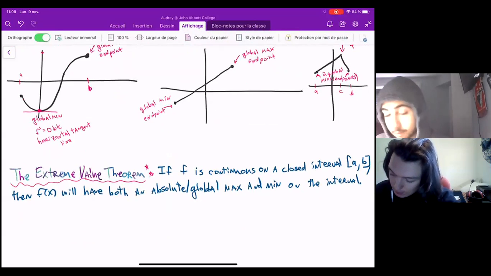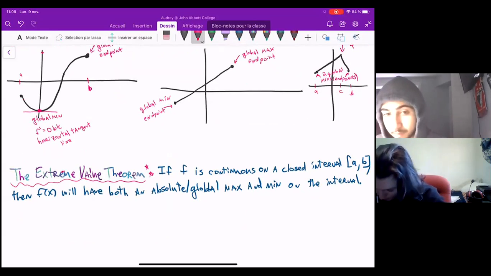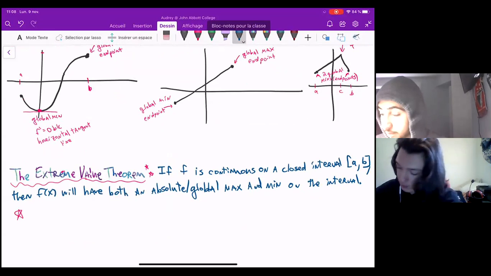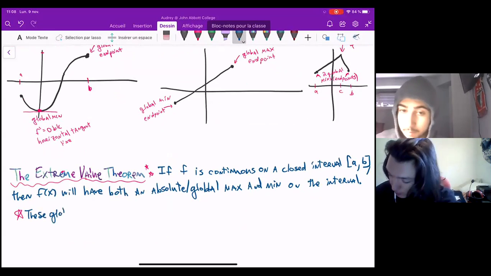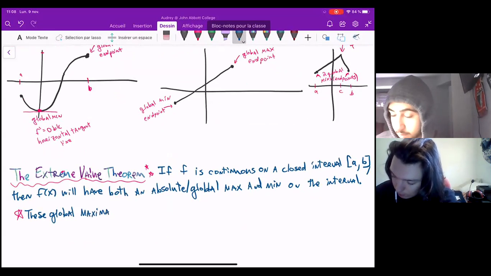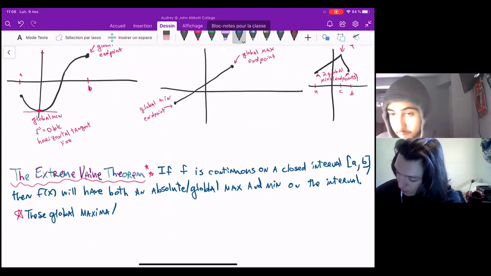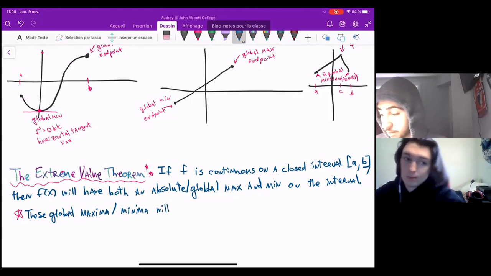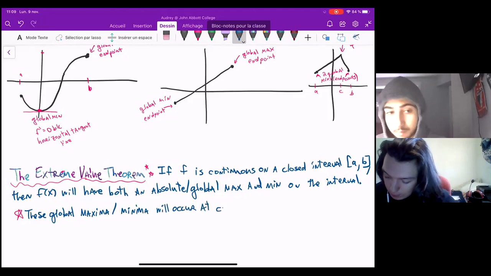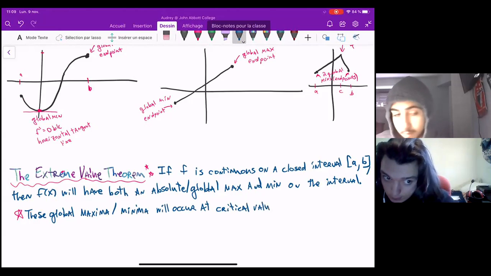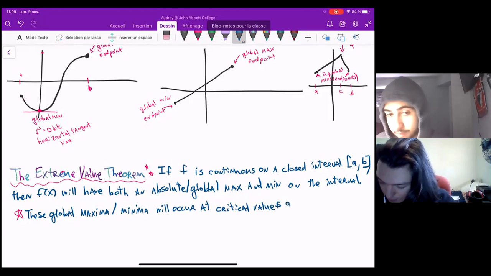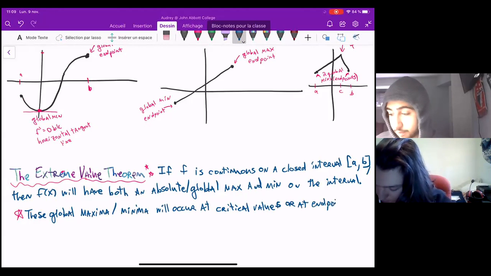More than that, this max and min can occur at critical values or at endpoints. And this is the extreme value theorem.